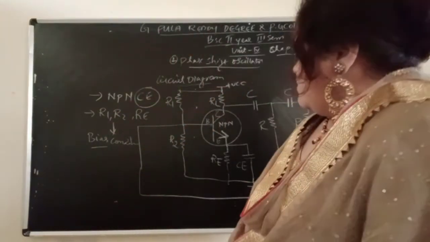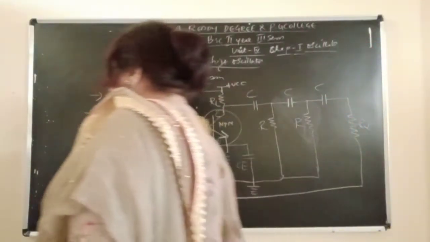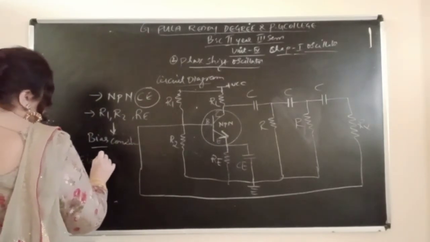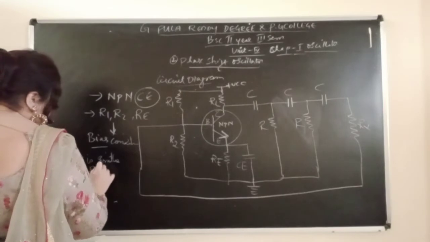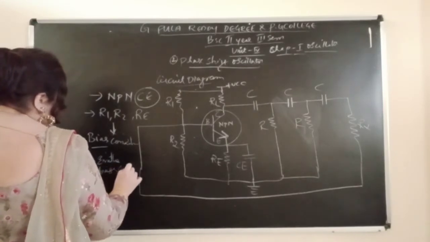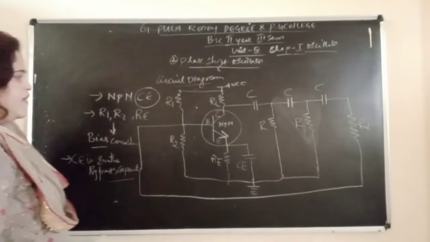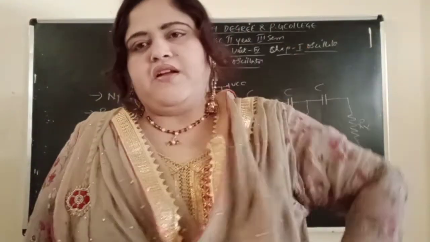And what about CE? CE is nothing but the emitter bypass capacitor. Whenever a higher frequency or higher voltage comes, it will bypass to the ground.